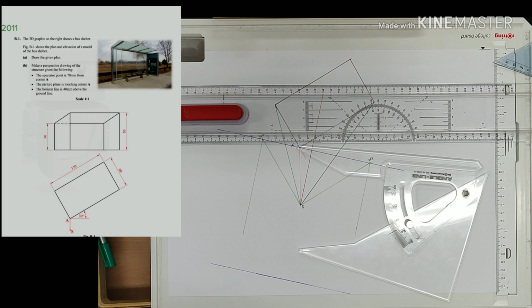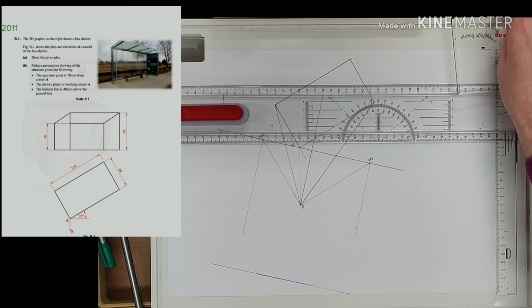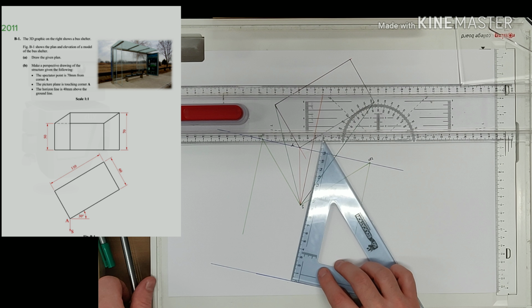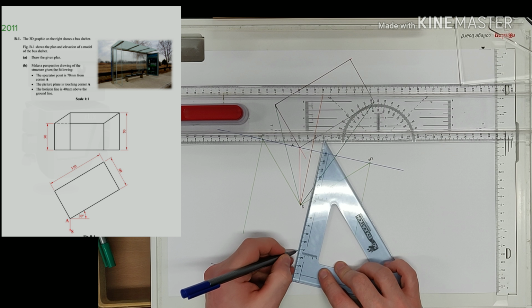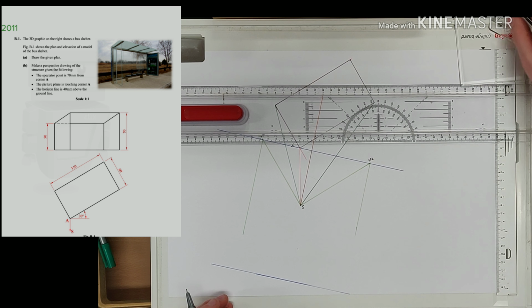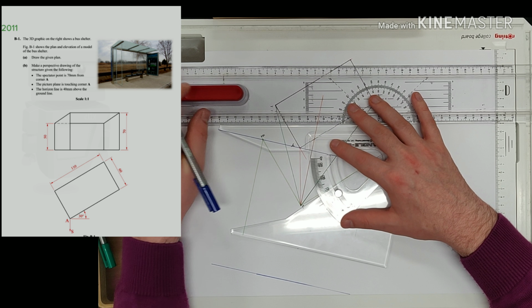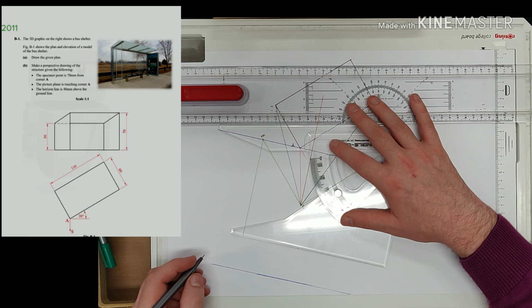And the question tells us that the horizon line is 40 millimeters above the ground. Measure it 40, and again draw them in. These lines are parallel to the picture plane, so the angles don't change.